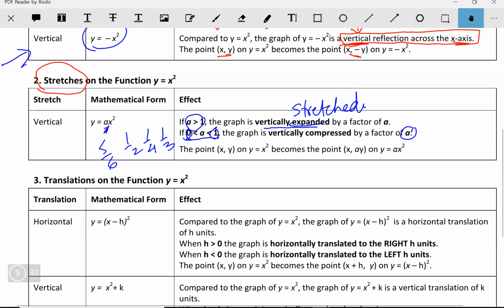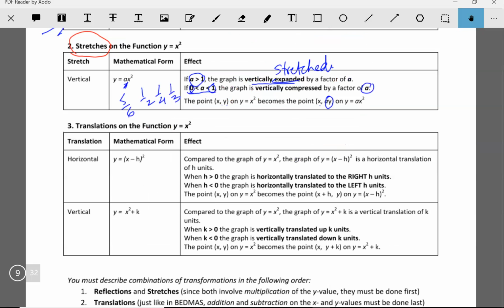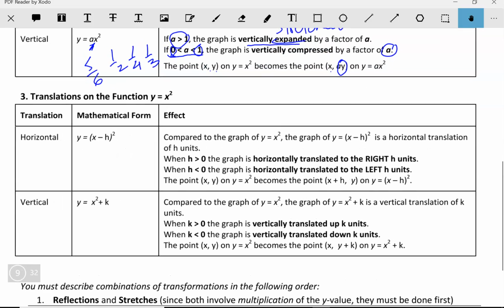The point x comma y becomes a y on the transformed function, because we have to multiply the y value by whatever this a value is. That's why instead of 1, 4, 9 up, we went 3, 12, and 27 up.